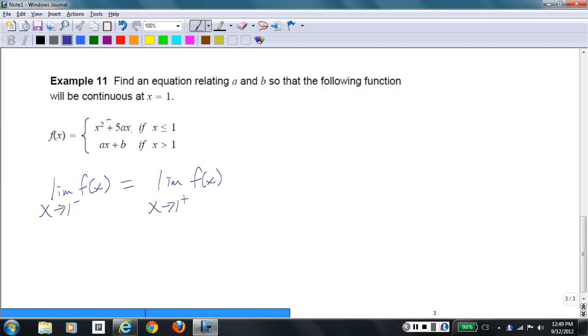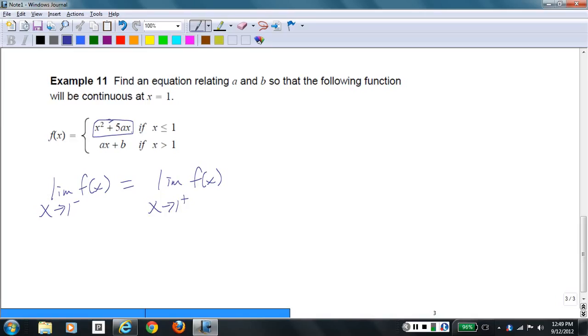Now let's see how we would evaluate these limits. If x is a little less than 1, approaching 1 from the left, we define the function using this expression. If x is 0.5 or 0.8 or 0.9, we would use that expression to define the function, so we would substitute into that expression.